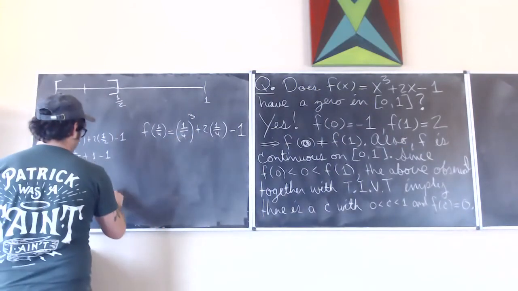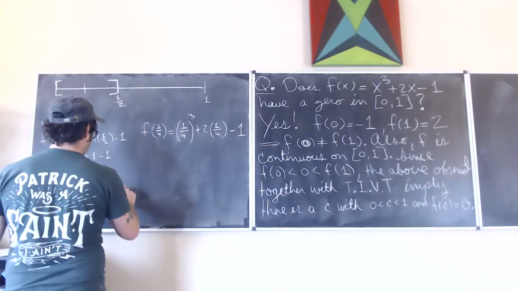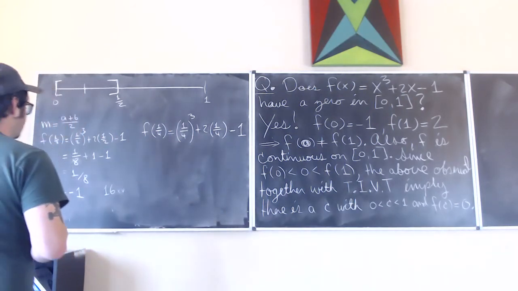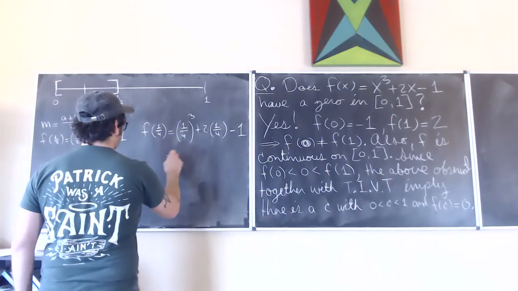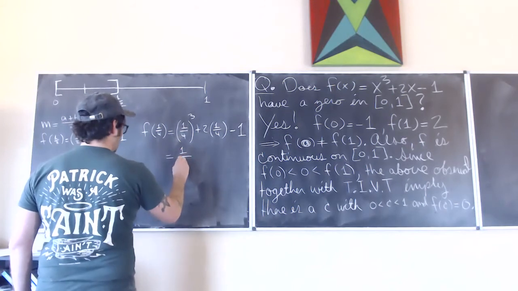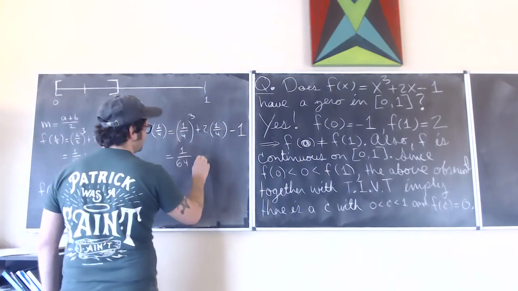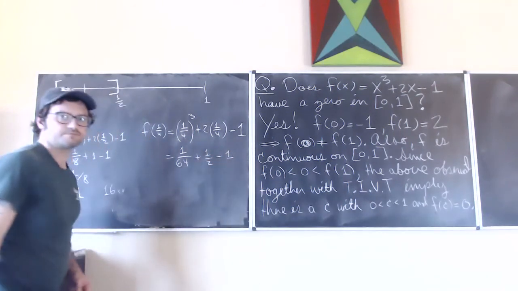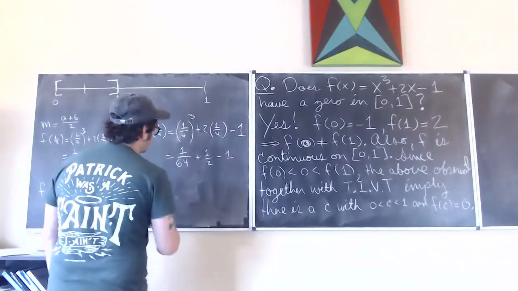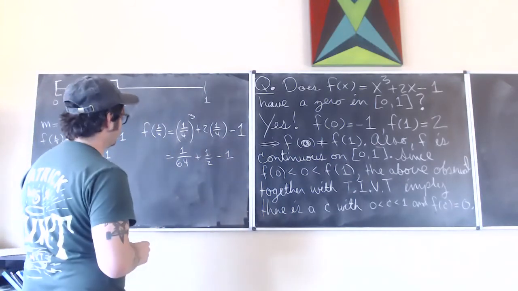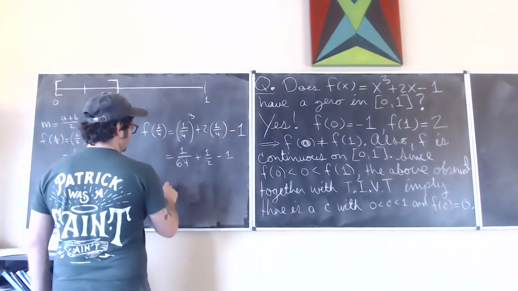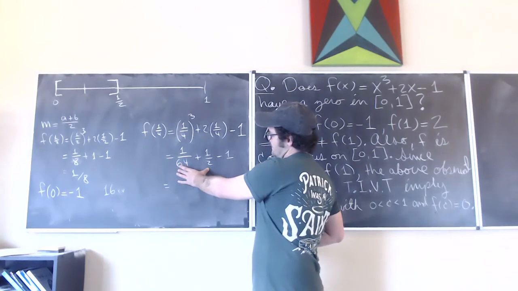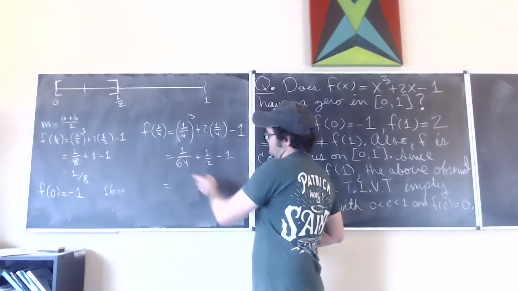So this leaves us 1/64 plus 1/2 minus 1. So what does this become? If I combine these ratios here, what is it going to be?